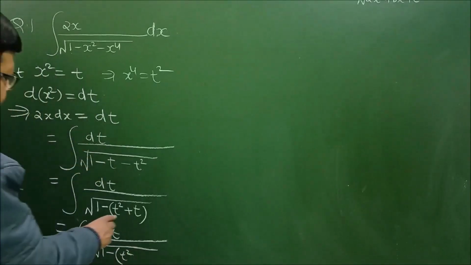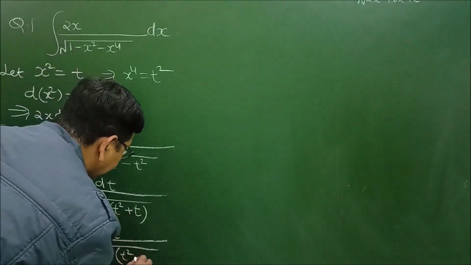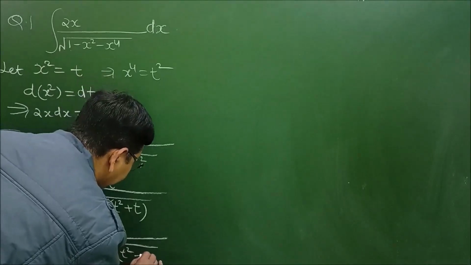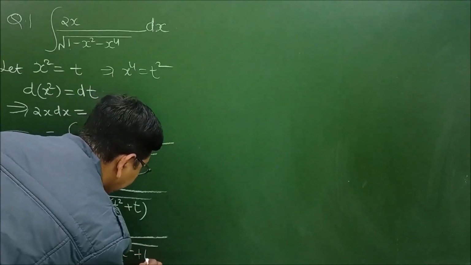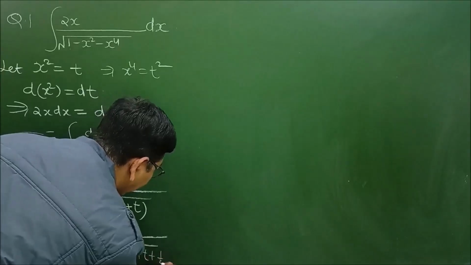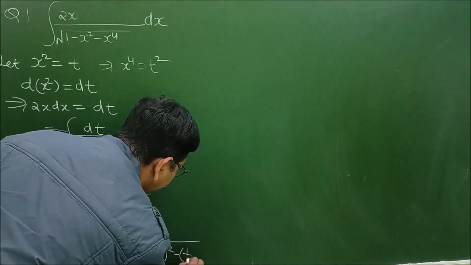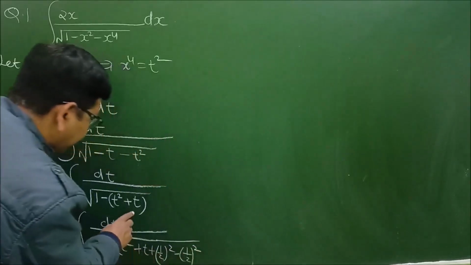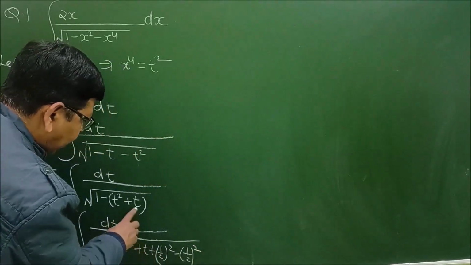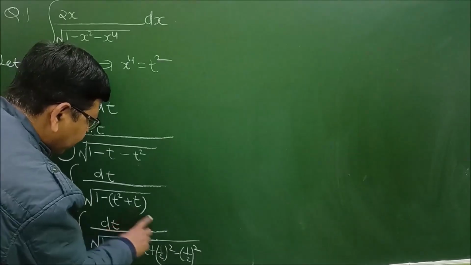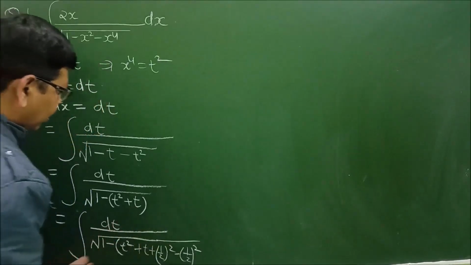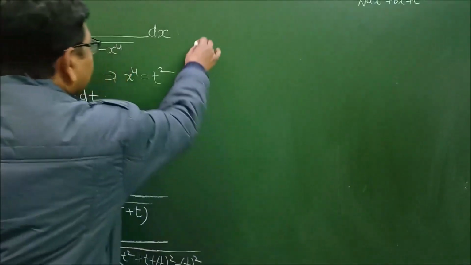The coefficient of t is 1, so add (1 by 2) square and subtract (1 by 2) square, adding half of the coefficient of t squared and subtracting the same value.